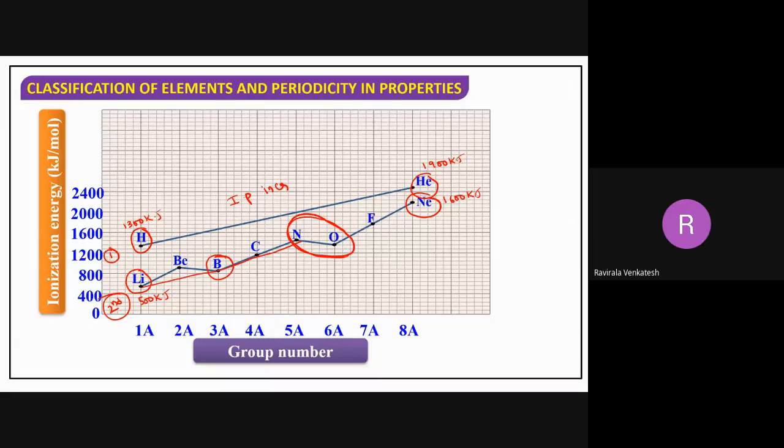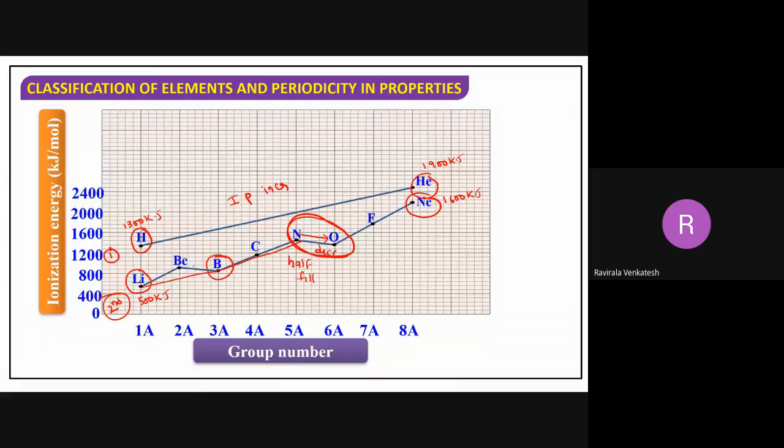Half-fill configuration. Because of the half-fill configuration of nitrogen, suddenly from nitrogen to oxygen the value decreased.